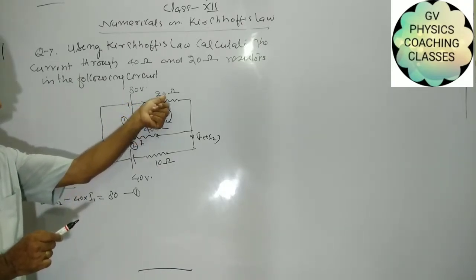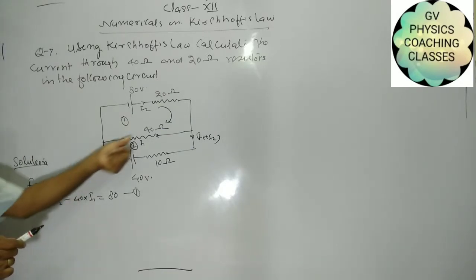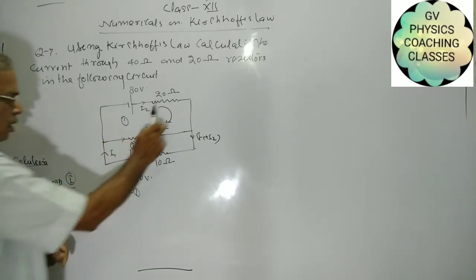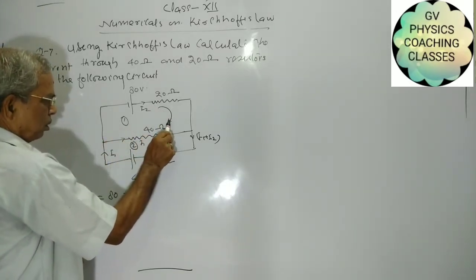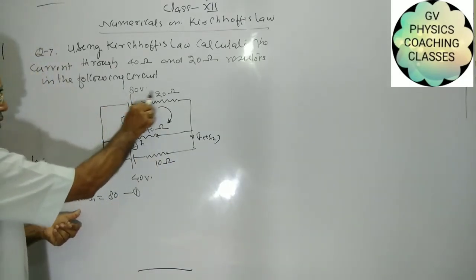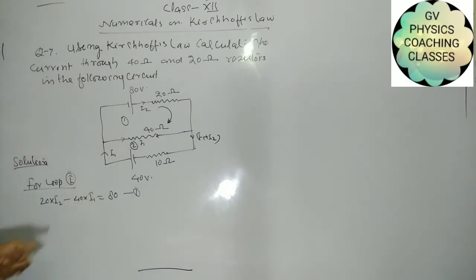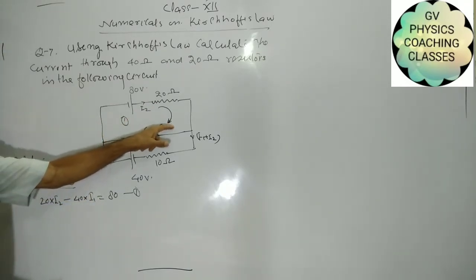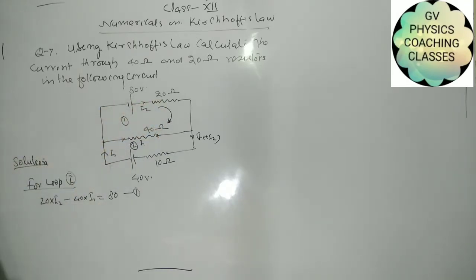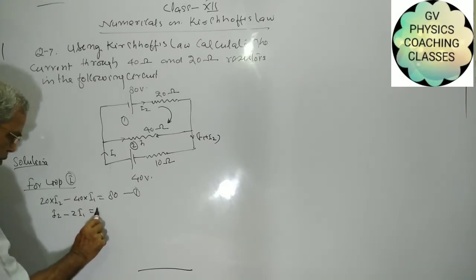I2 and 20 is taken as positive, but 40 into I1, I1 is just opposing this arrow, so it is taken as negative, and this potential is taken as positive, because this arrow is in the direction of the positive terminal of the battery. Now divide this by 20. Then I2 minus 2I1 is equal to 4.